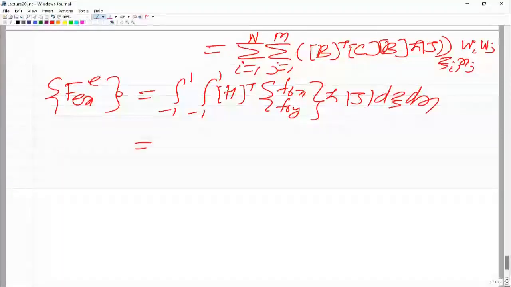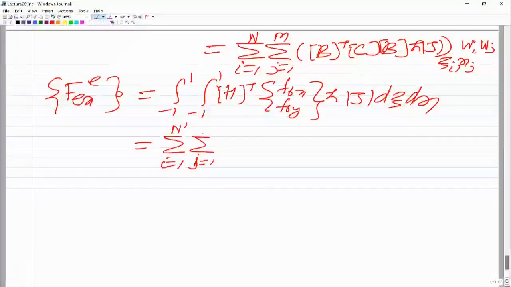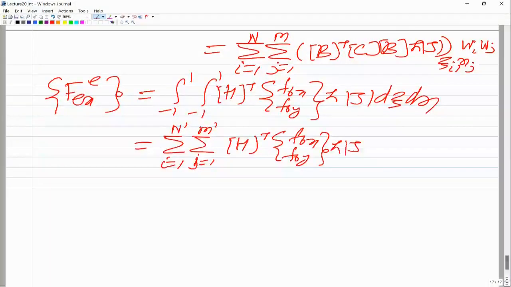So you can again write summation i going from 1 to, let us say, n dash, and j going from 1 to m dash, of H transpose into FBx, FBy, H determinant J, evaluated at xi i, eta j, into Wi into Wj.